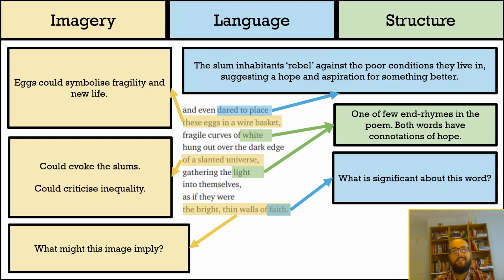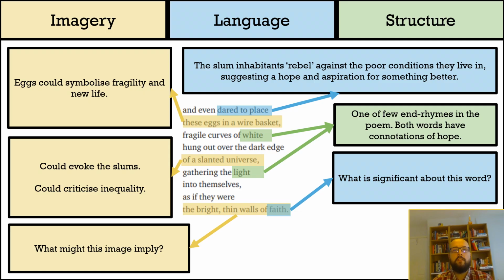A "slanted universe" is another fantastic image in this poem. At a more straightforward level, it could just be referring to the slums. They are massive and are their inhabitants' entire worlds, just like the universe.